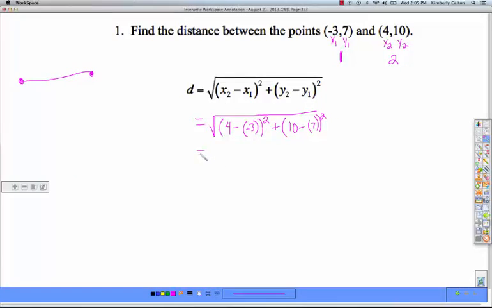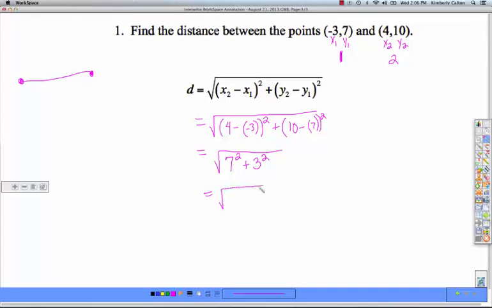So now we're going to go ahead and simplify. We have 4 minus negative 3, which is the same as adding. So we have 4 plus 3, which is 7, squared. And we have 10 minus 7, which is 3 squared.